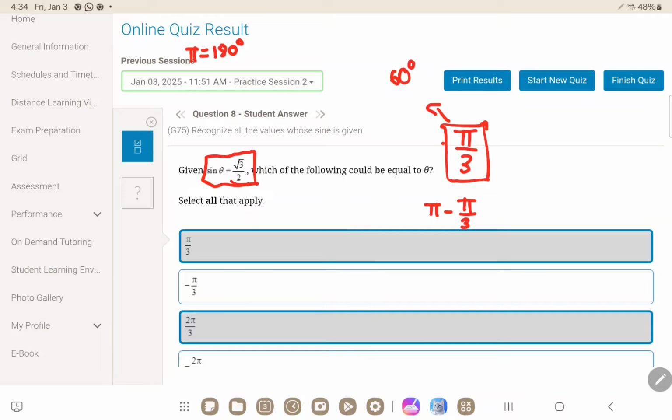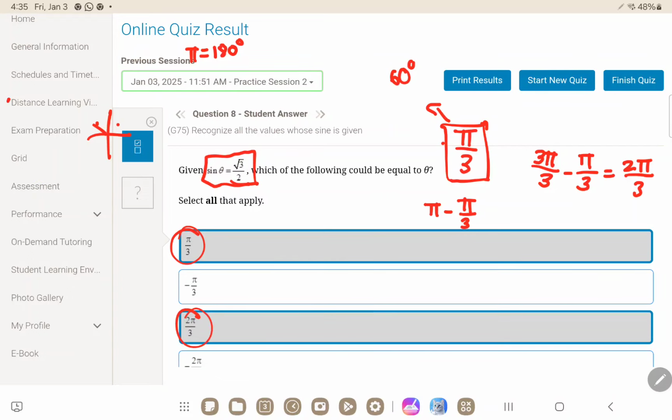And you're going to get your other angle, because when we look at the quadrants, sine is positive in quadrant 1 and quadrant 2. So we need to find the supplement of it. So 180 minus pi over 3 is the same as 3 pi over 3 minus pi over 3. You're going to get 2 pi over 3. So that's your first 2 answers.